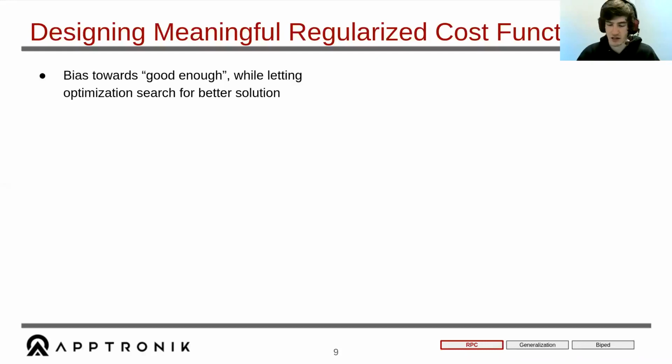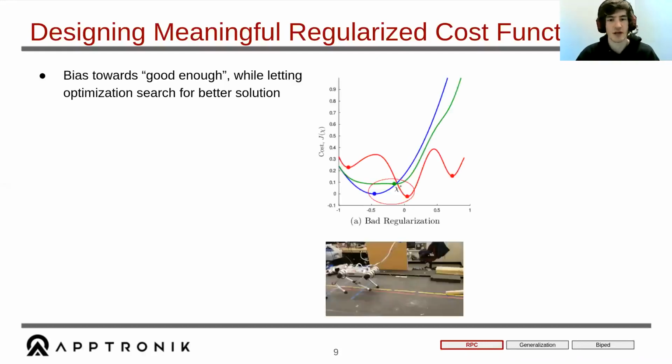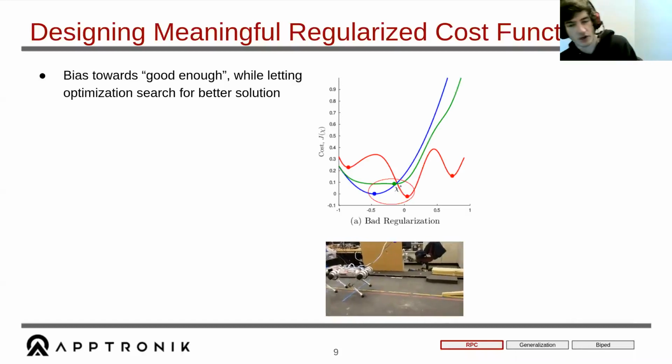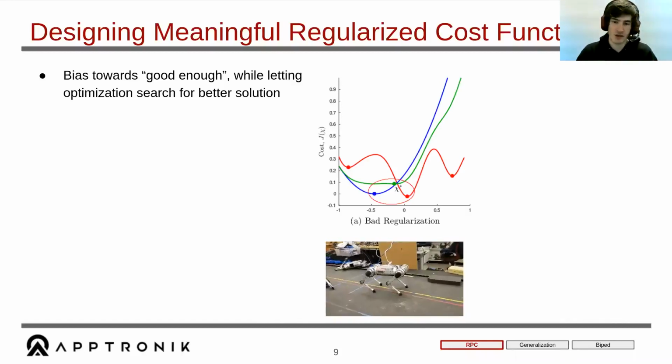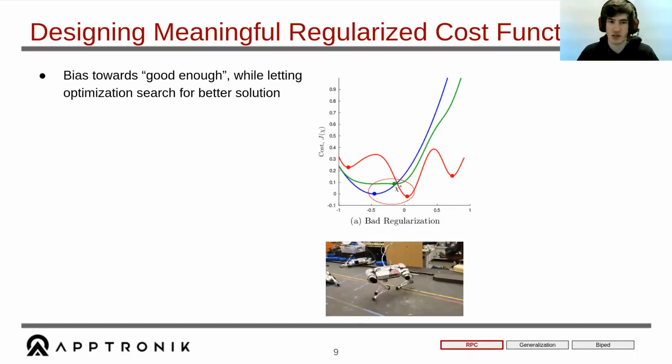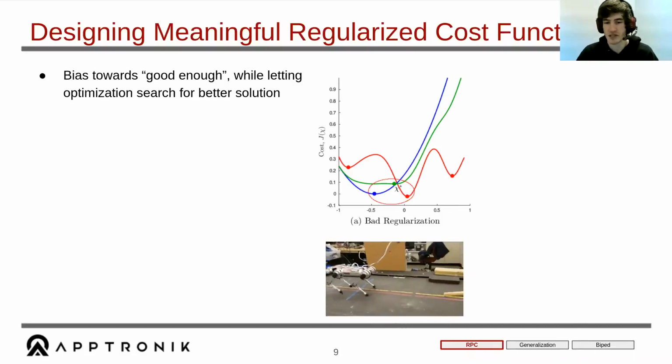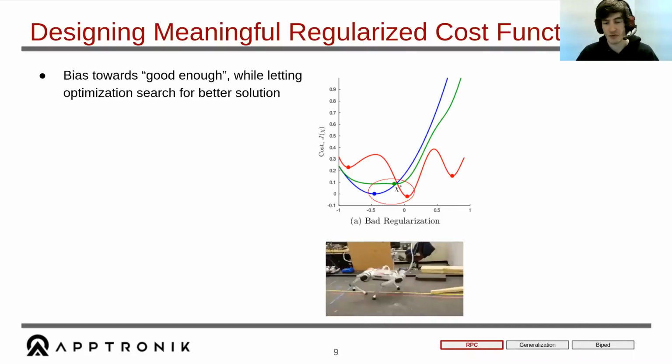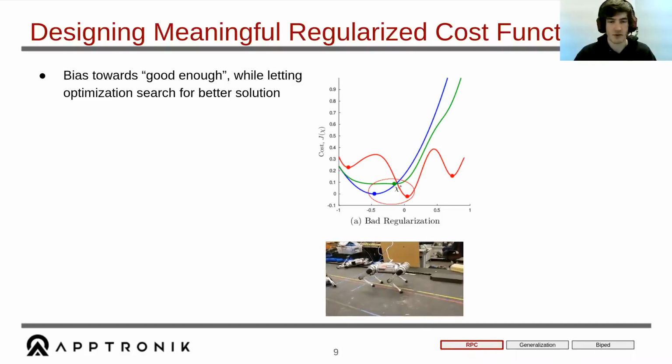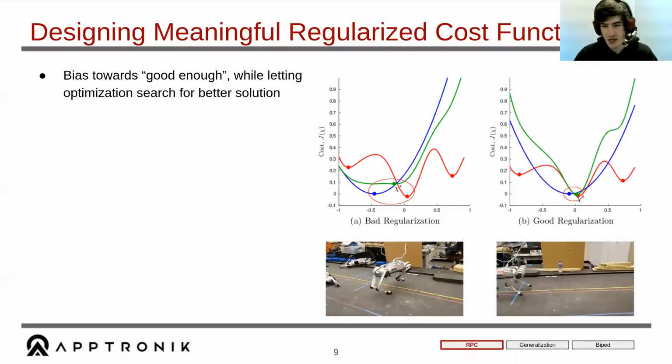In the case of trotting in place, a good enough solution is stepping under the hips, but say you want to go forward, and you're regularizing to just under the hips. As soon as you start moving, that no longer becomes a good example of regularization. The robot starts falling over and it's not able to get its foot where it needs to be.